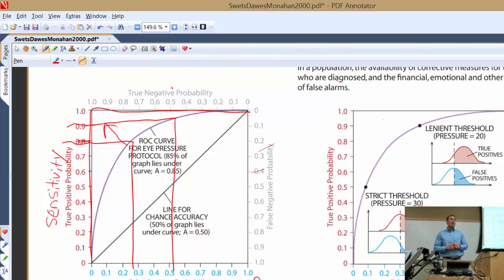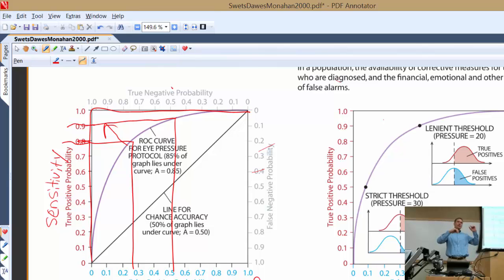The closer you are, the better your classification method essentially is overall. So also, think of it in a different way. Notice as that curve is getting closer and closer to the upper left-hand corner, look at the area underneath the curve.